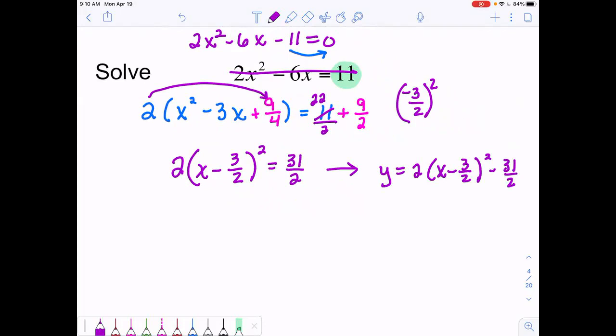It's not going to be exactly like this because we're doing circles tomorrow. But that 2 in front of the parentheses tells the graph to stretch vertically. So if I totally divided it out, then I wouldn't have that stretch in the graph. So that's why we don't want to completely divide it out. Questions on that?